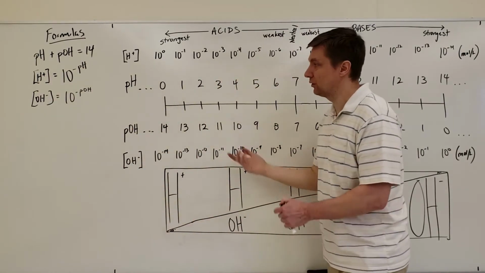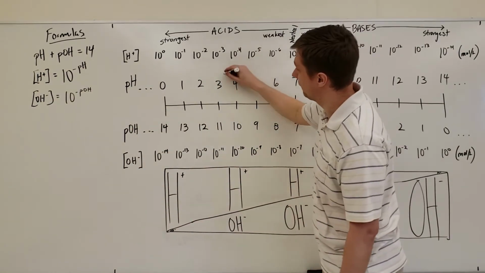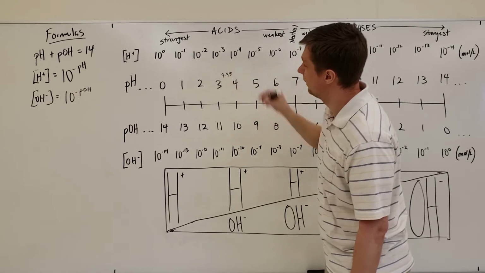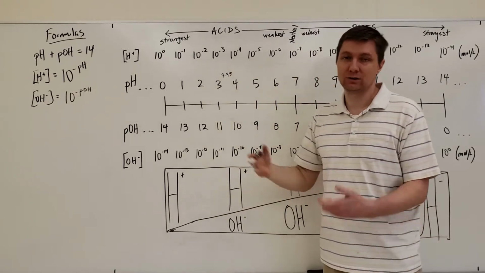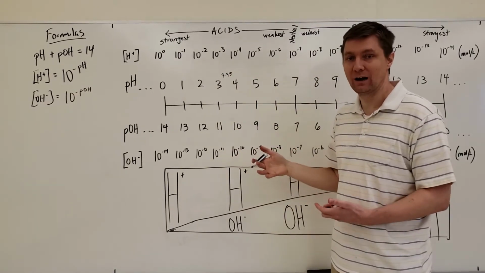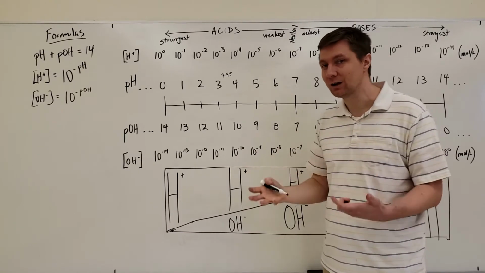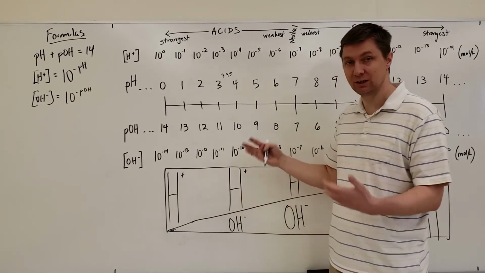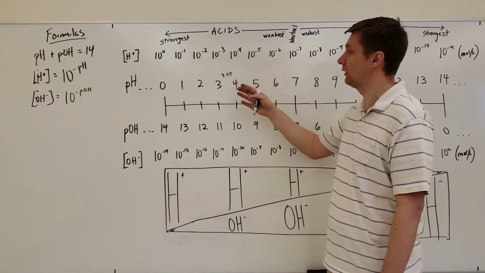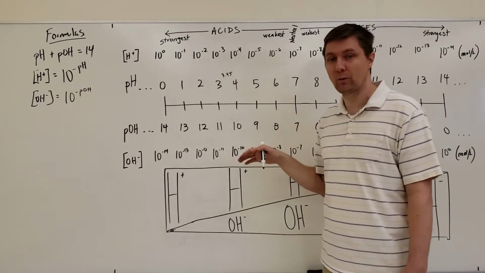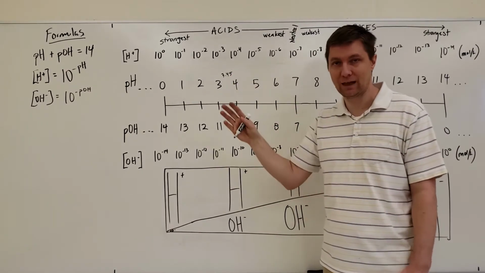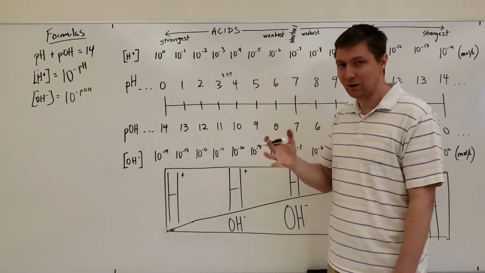So if you're asked a question of, okay, we've got a solution that has a pH of 3.45, what is the hydroxide ion concentration? Lots of kids will make this mistake. They'll just go, oh, okay, I know how to do this. I'll go 10 to the negative 3.45 and hit enter on my calculator, and that's the number. And that's not the right answer.